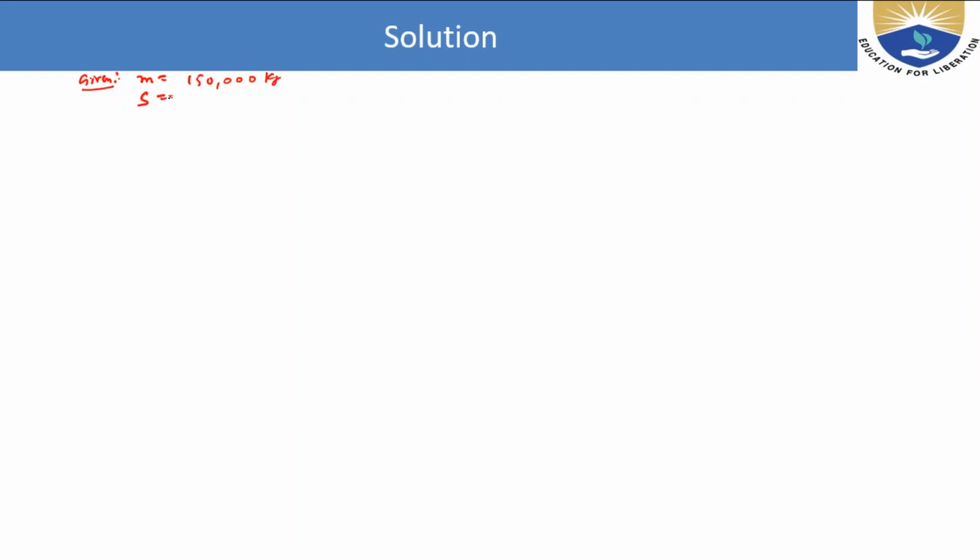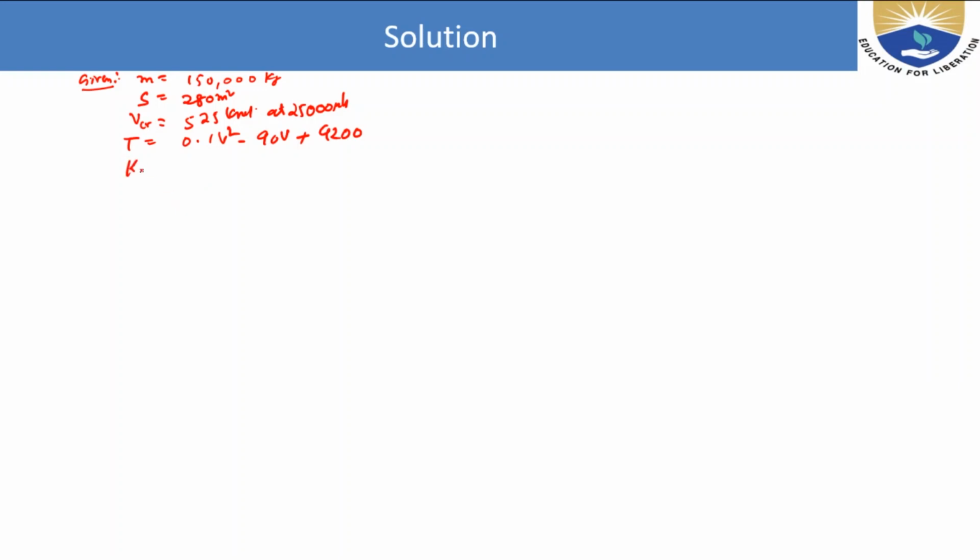Area S is equal to 280 meter square. V CR is equal to 525 knots at 25,000 feet. Thrust is given as V square minus 90V plus 9,200.